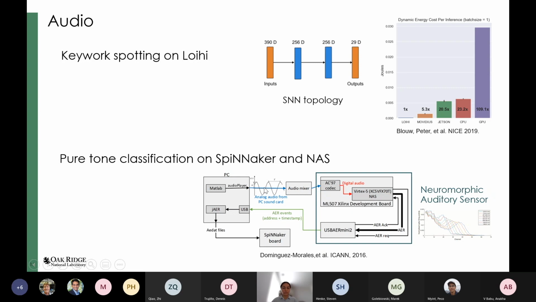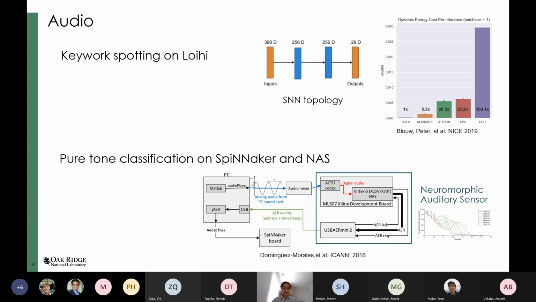So this was mostly a demonstration of both the neuromorphic auditory sensor, which is modeled based on the human cochlear principle and can accommodate a high dynamic range of audio intensity, and then SpiNNaker, which implements the spiking neural network and can perform the classification of the different frequency bands that are in the input audio signal.